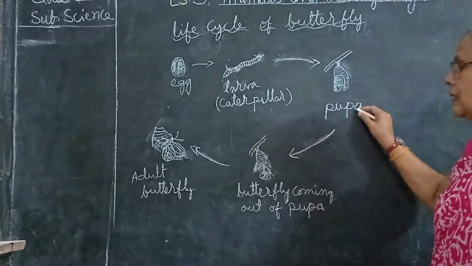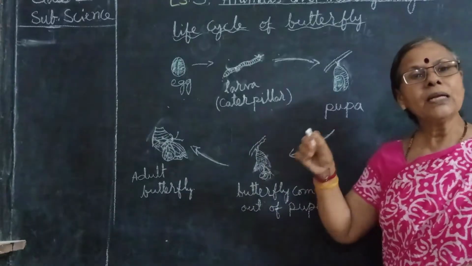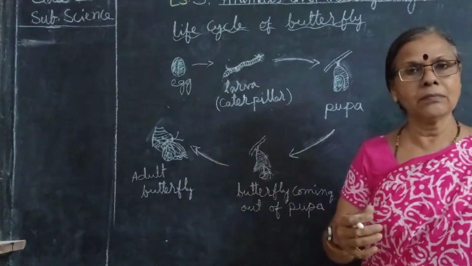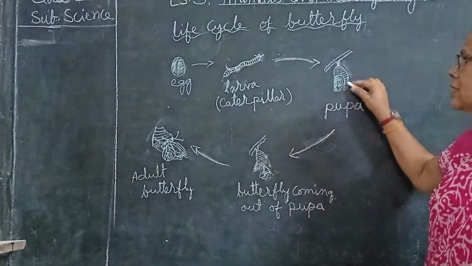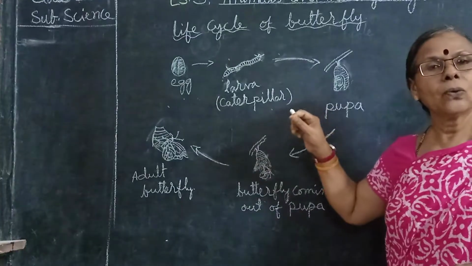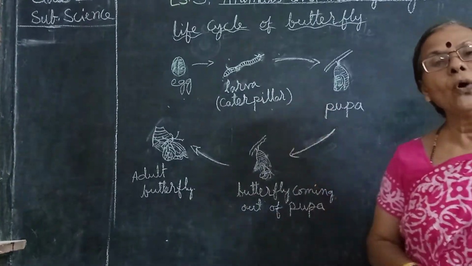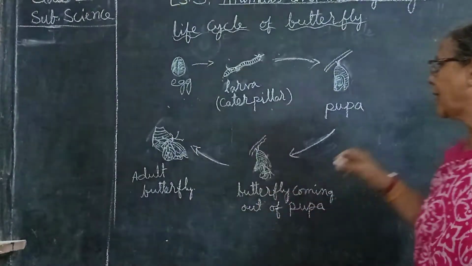Before that, what happens? It will shed its old skin many times. The shedding of old skin is called molting.